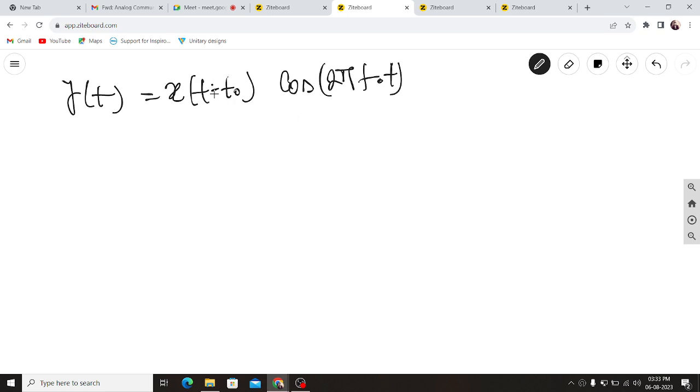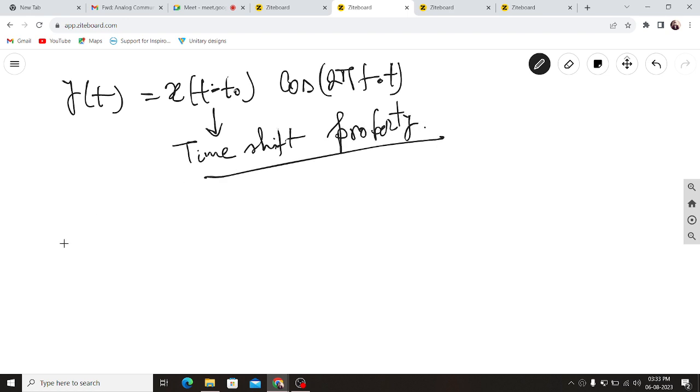So the first property here is the time shift property. You have a pulse, and the same pulse goes after some time.